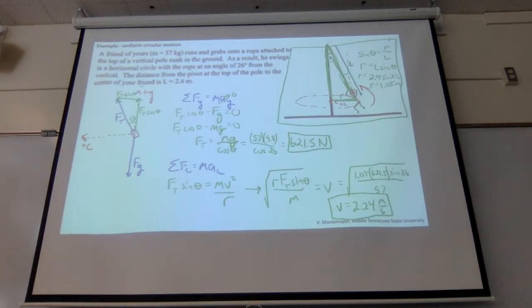Anyone else? Yeah. We have problems where your y components of the force will not always equal 0. For a circle, I can't think of anything off the top of my head.